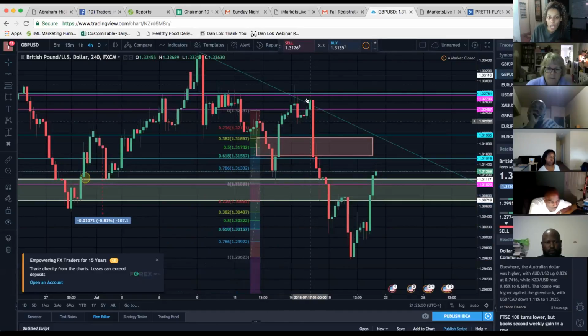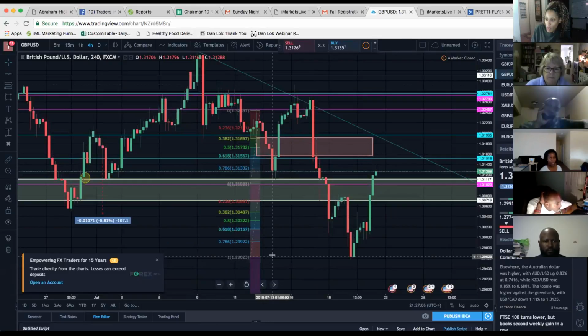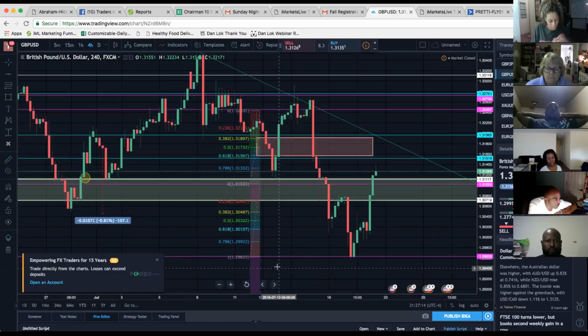Right? 100%. So it came down, it went all the way back up. I'm going to stack my fibs and it came all the way back down. Y'all see? To this. Boom. Perfect exit. Perfect exit.